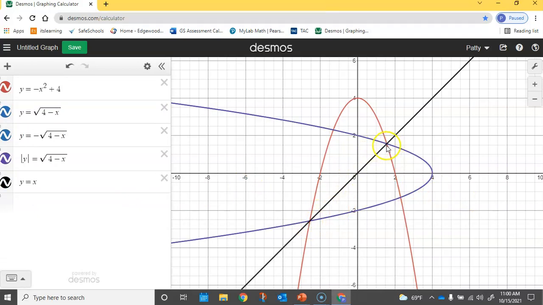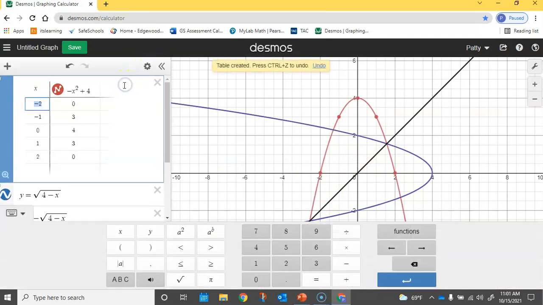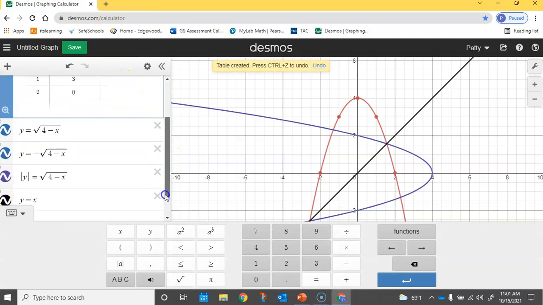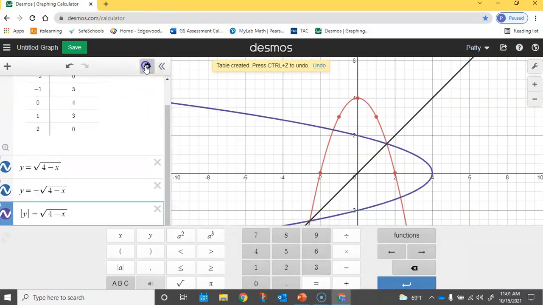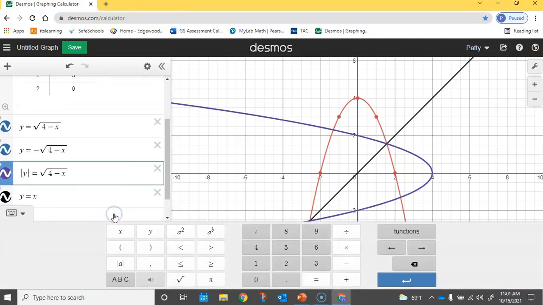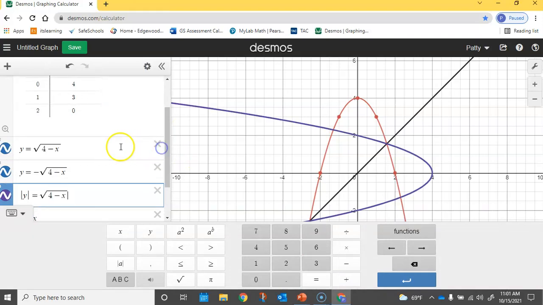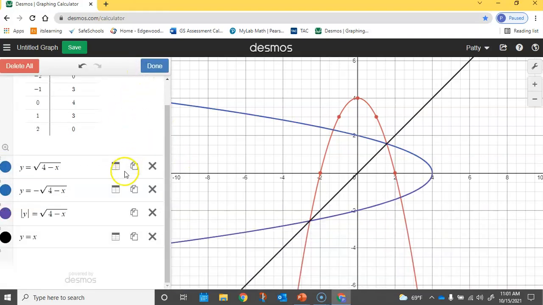You can see it intersects in two places. And when I look at my table of values for here, and my table of values for here, I guess I have to do it like this.